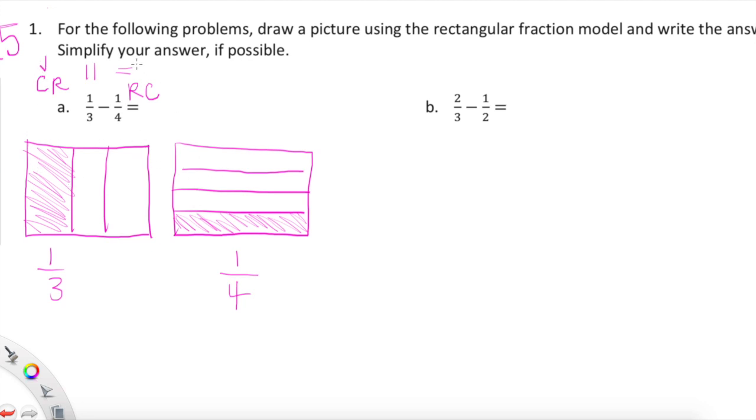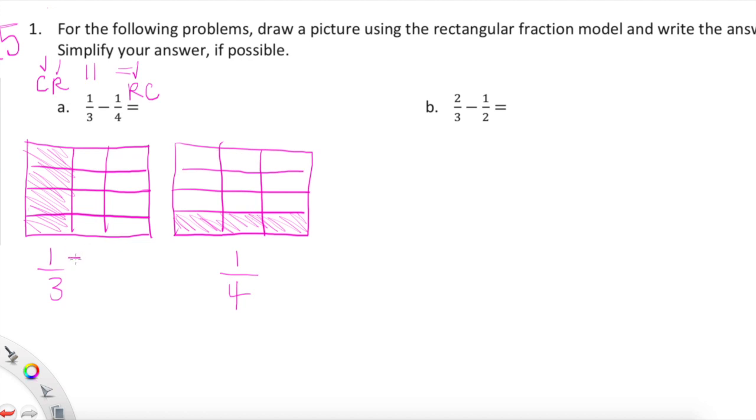We've done here our rows for 1/4. Now I need to put fourths on top of our thirds. I need to put 4 rows on top of our 3 columns. Okay, check. Also, we've done our rows here. Now we need to put 3 columns on top of our rows.